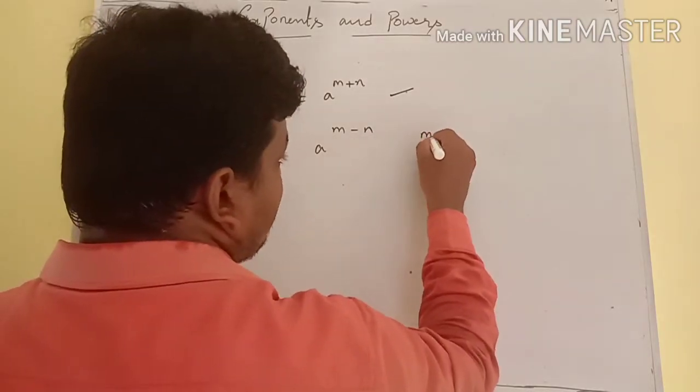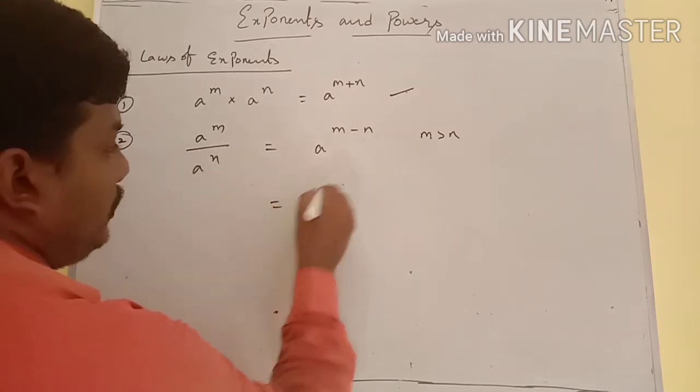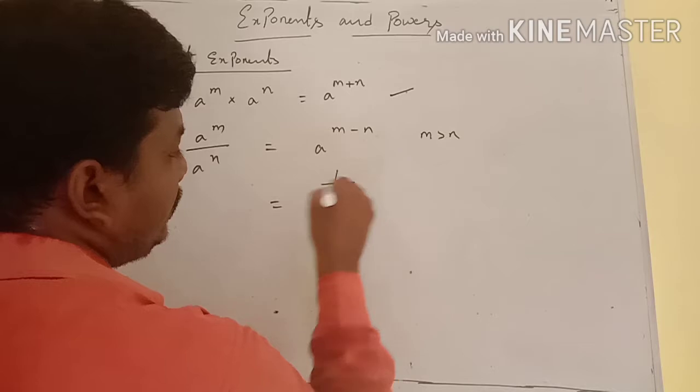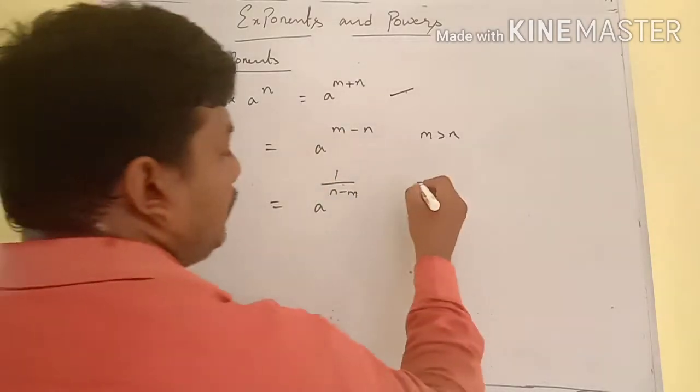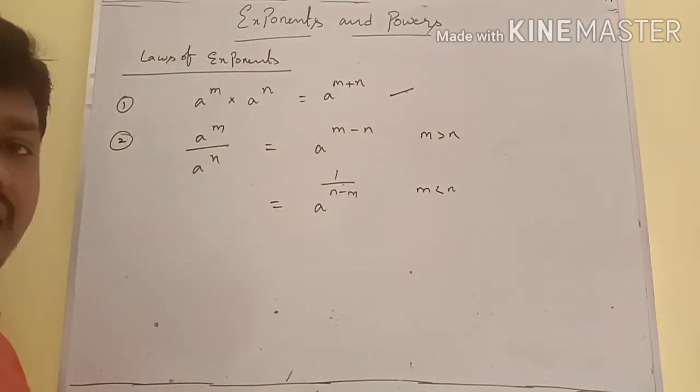In this case, m is greater than n. If m is less than n, it can be written as 1 by a power n minus m.